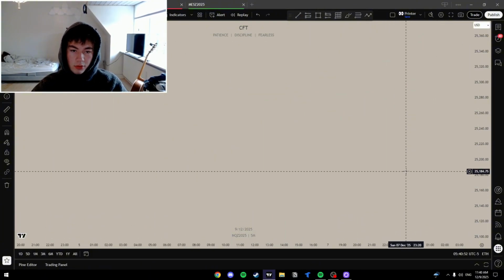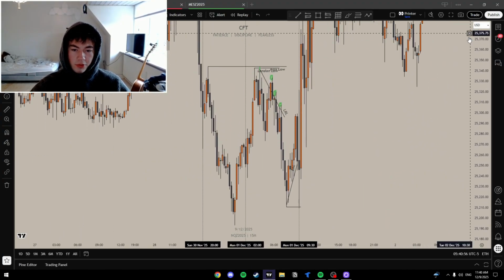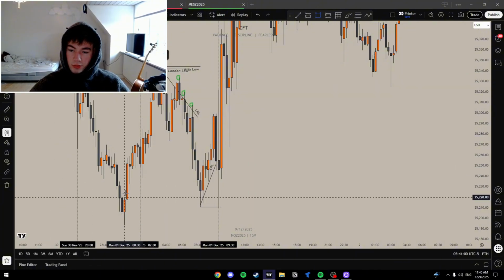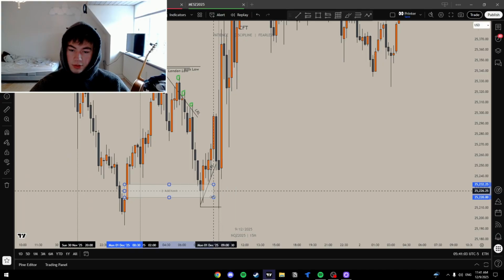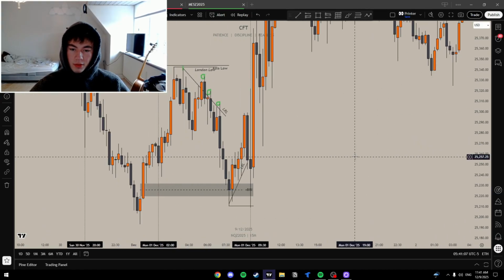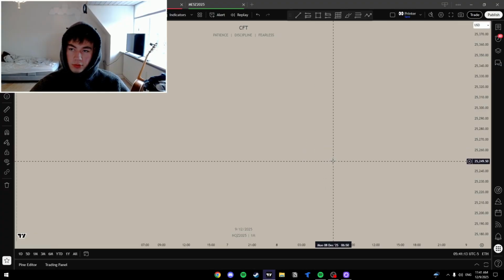And let's go on the bit higher time frame right here. Let me remove this. Where are we delivering from? We are delivering out of this fair value gap right here perfectly. Let's drop down to the lower time frame again.